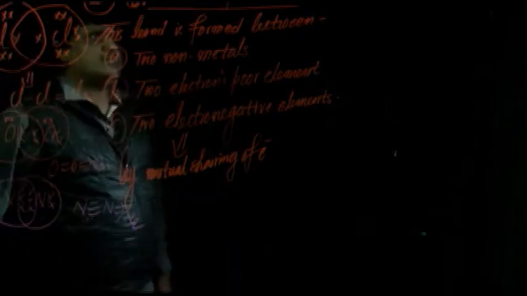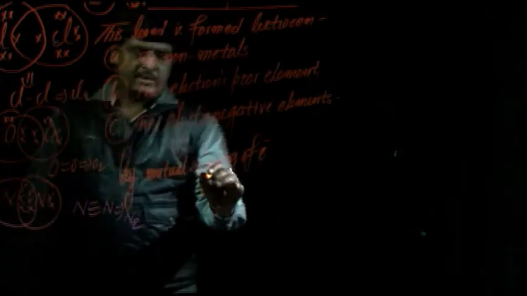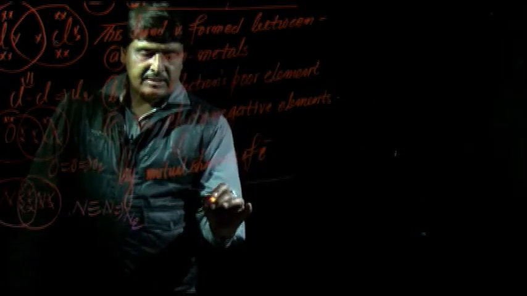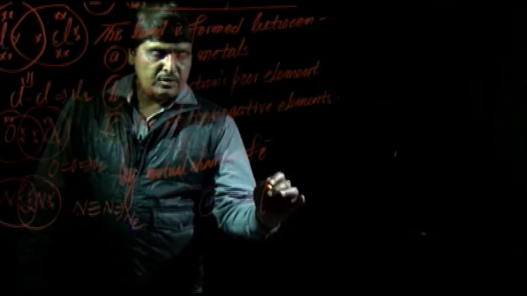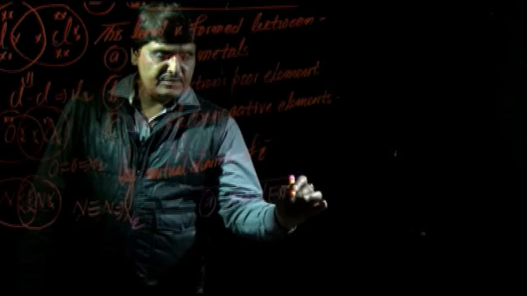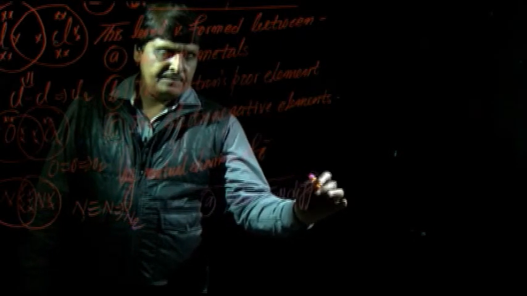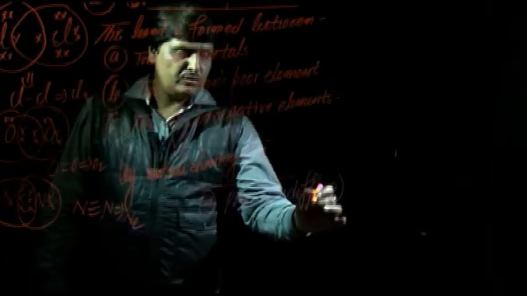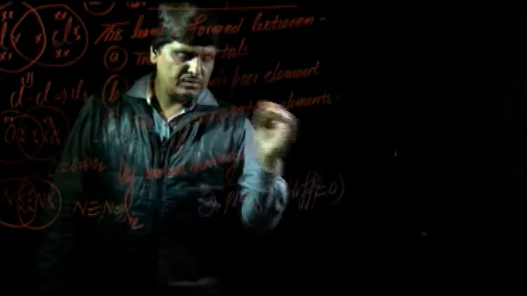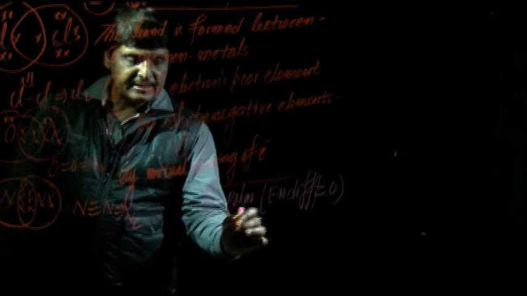this particular bond may be either polar or non-polar. First is the polar. A polar bond is formed when the electronegativity difference between the elements is non-zero, meaning not equal to 0. Example, HCl.